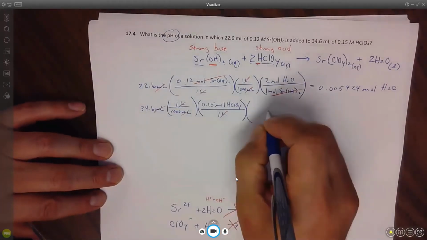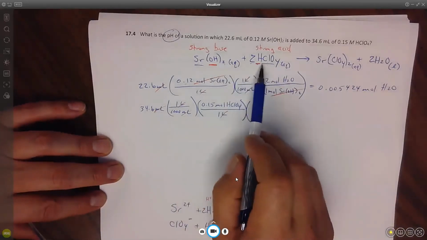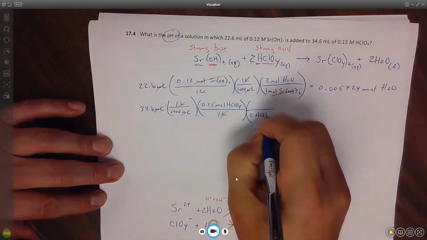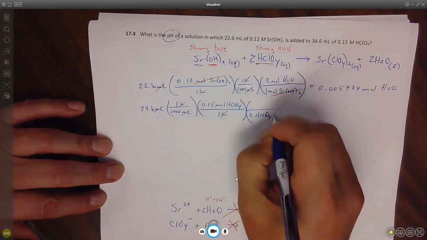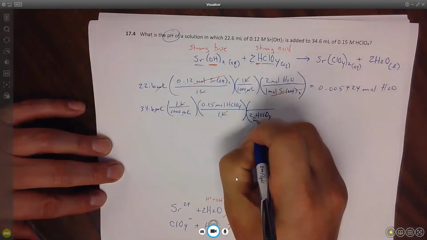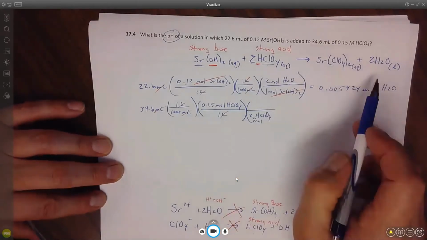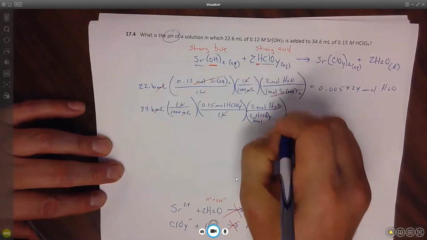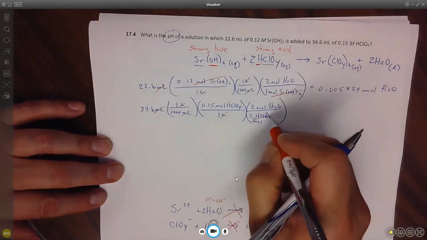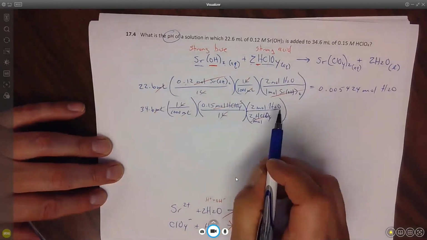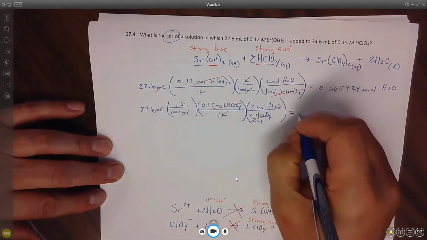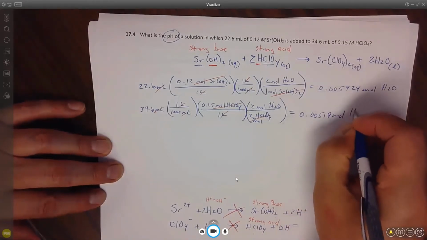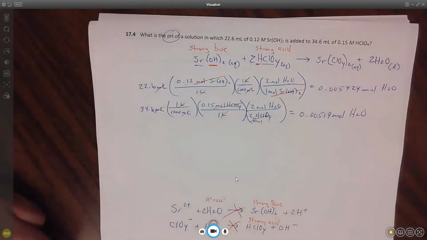And now I have, for every 2 moles of perchloric acid, I'm forming 2 moles of water. So now the moles of perchloric acid cancel, and I'm left with moles of water. Plug that into your calculator, that's 0.00519 moles of water.